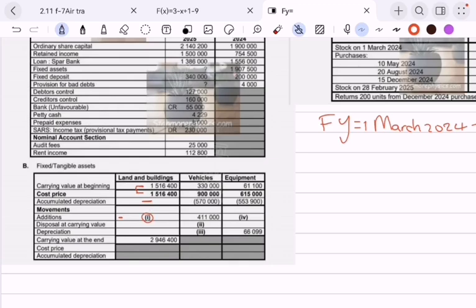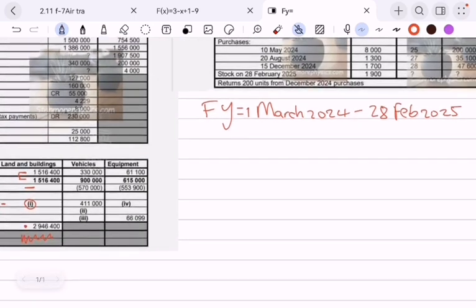Additions, they simply refer to costs. And there you were given your carrying value, but you were given a shade there. So that is one of the ways that examiners like using to trick us. So the first thing that you want to do, you want to write your formula.